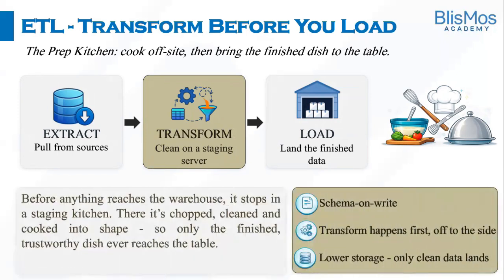Before anything reaches the warehouse, it is stopped in a staging kitchen. There, it's chopped, cleaned, cooked into shape so that only the finished and trustworthy dish reaches the table. That is what ETL does.